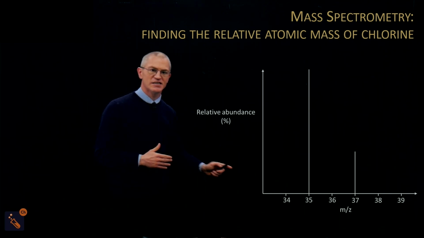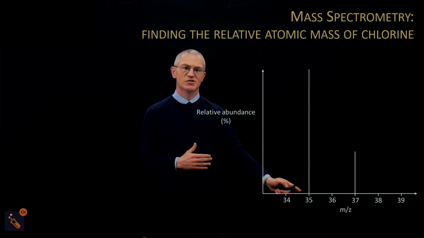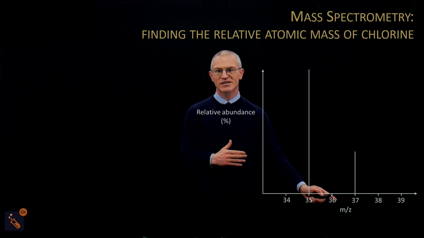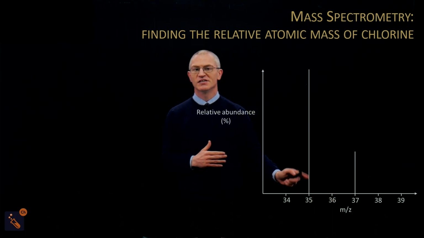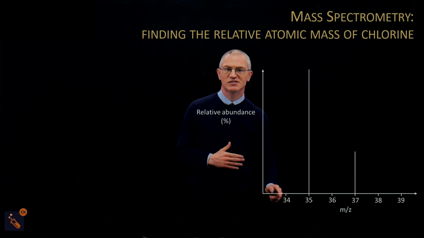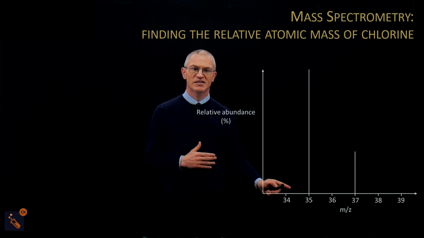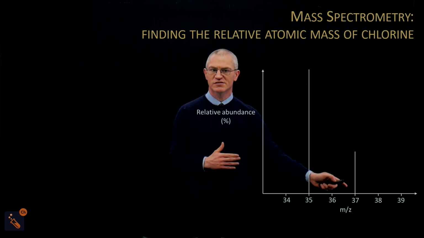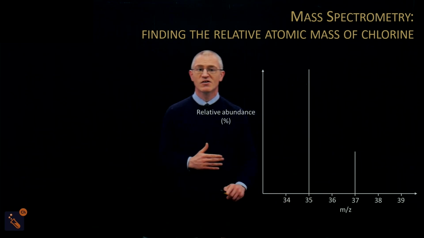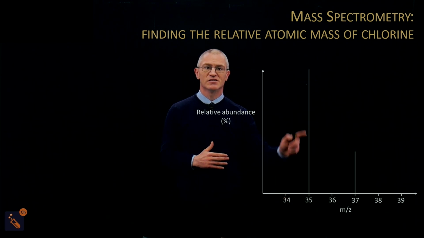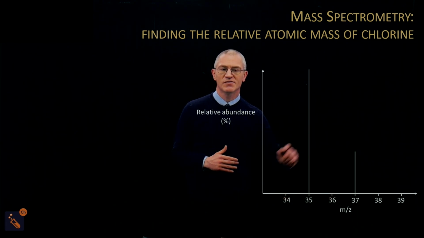So if we look here, you'll see I've got something called M/Z down the bottom. The M/Z value is equal to the atomic mass of the isotopes. That's all you need to know for now. So 34, 35, 36, 37, 38, 39, they're the atomic masses of the different isotopes. Notice there is a peak at 35, there is a peak at 37.